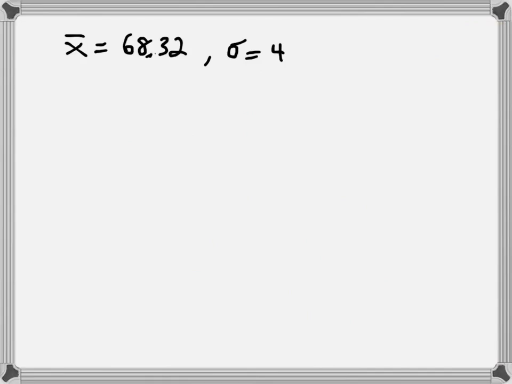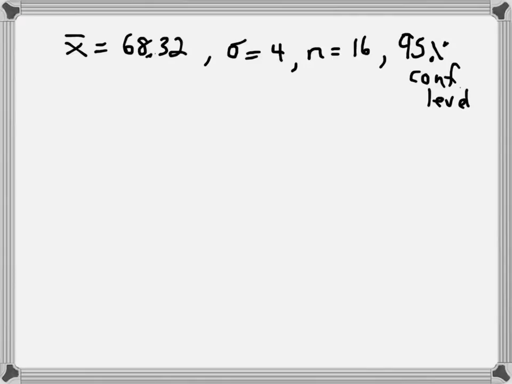So going back to this, let's suppose that we are going to sample 16 people. Our sample came from 16 people, and let's say we're going to do this at a 95% confidence level. So again, we're going to construct a confidence interval for the true average height.